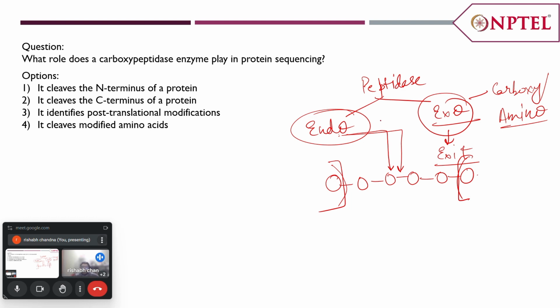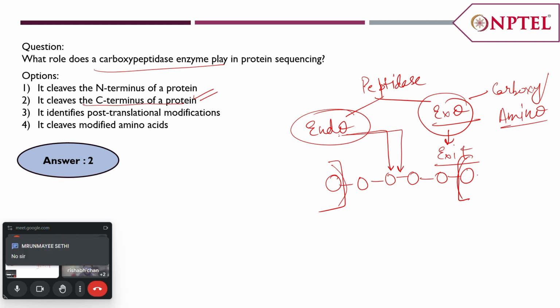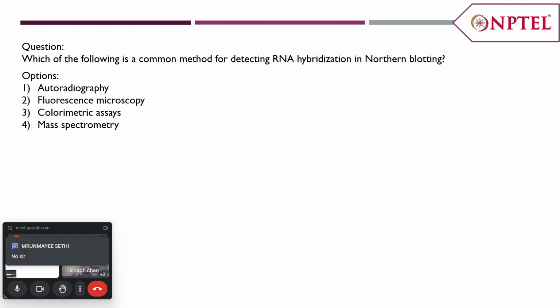Okay. So here we are talking about the carboxypeptidase. So they start removing the amino acid from the C terminus of the protein. So the correct answer is option number two. Okay. So any doubts? Okay. So let's move on to the next question.